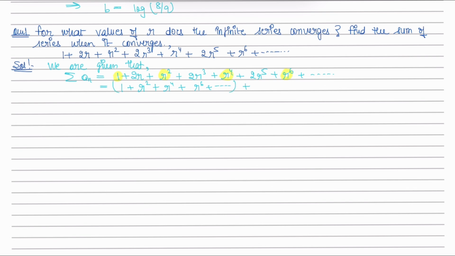And we are left with the terms 2r cube plus 2r to the power 5 plus so on.